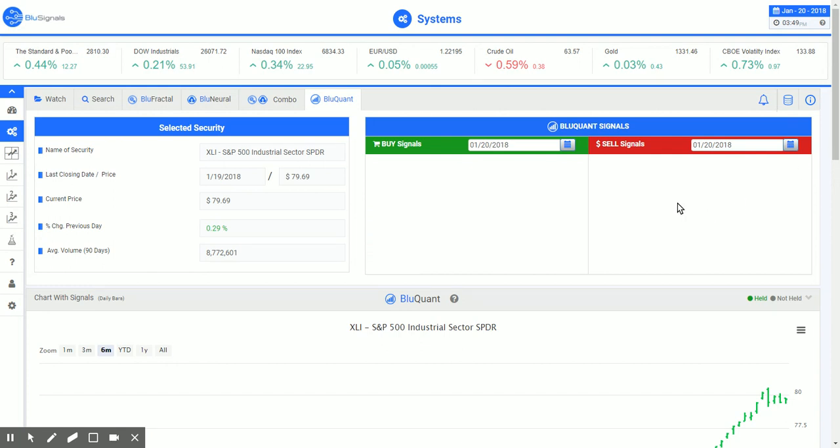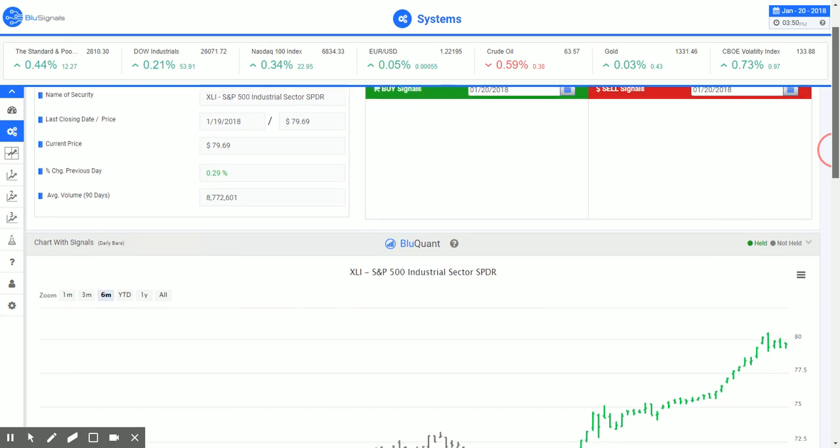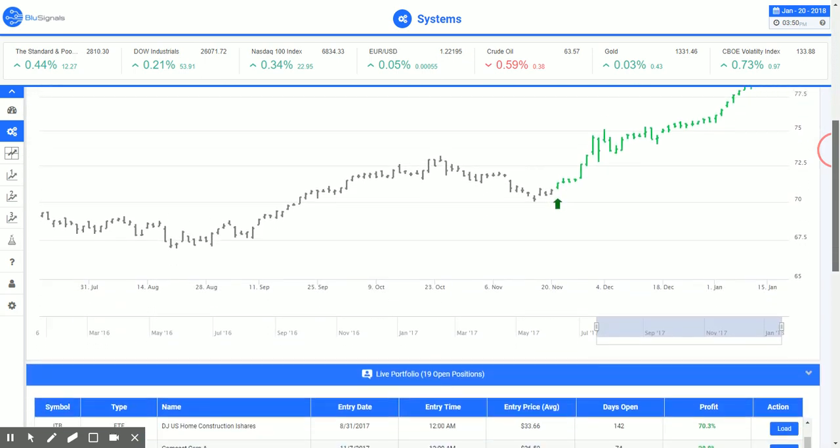And lastly, I want to again emphasize the simplicity of simply awaiting these buy signals, holding the position until the sell signal arrives, all of which occurs in real time and can be very easily executed in the user's brokerage account.